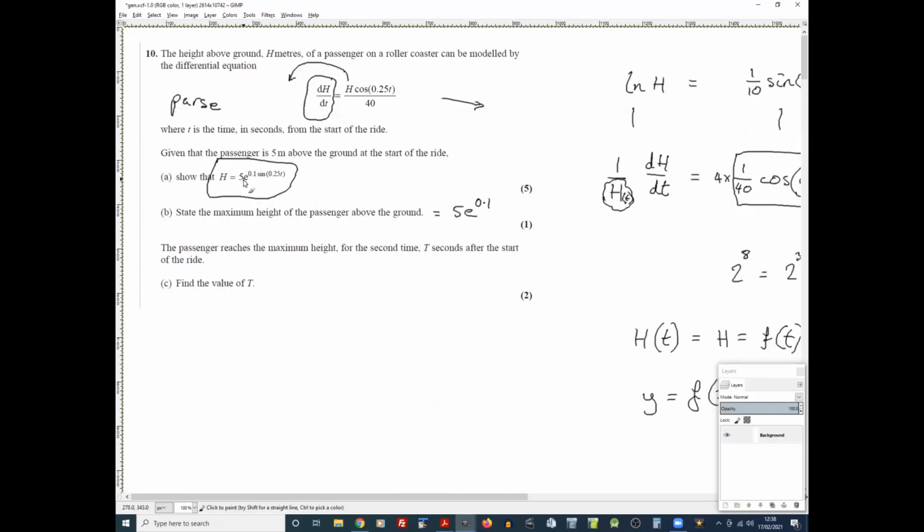But we are starting at 5 again, aren't we? Yeah. Right, sorry, what were you going to say? To do this last one, couldn't you, once we figured out what 5e to the 0.1 is, put that in your calculator, and then you could just rearrange it to find out what t is.